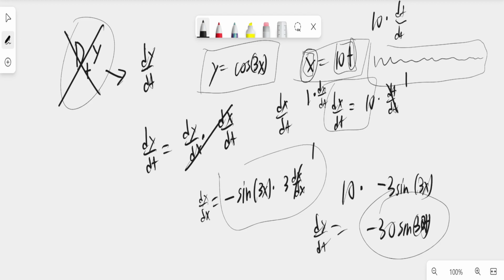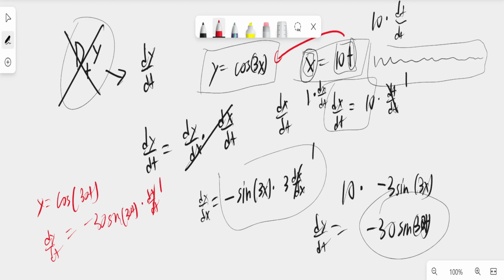So does this make sense to everyone? You can verify your answer by plugging it in. We get y is equal to cosine 30t, and then we find dy/dt, which is negative 30 sine 30t times dt/dt, which cancels out to 1.